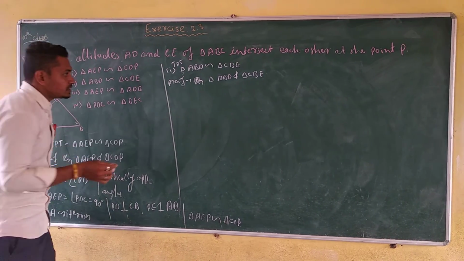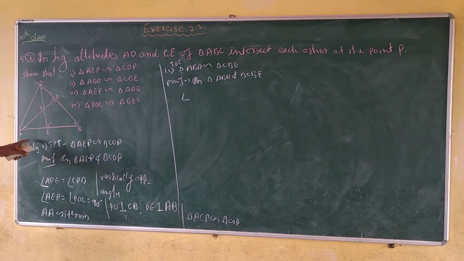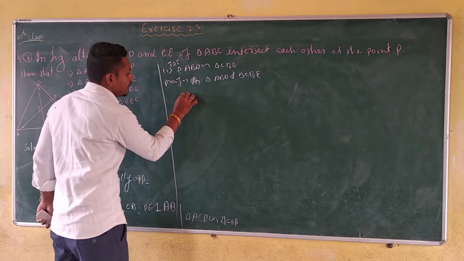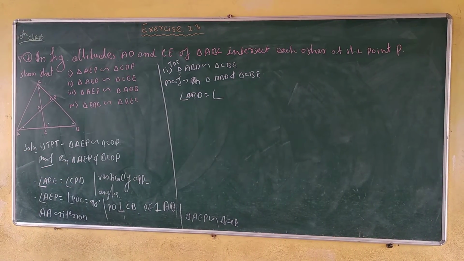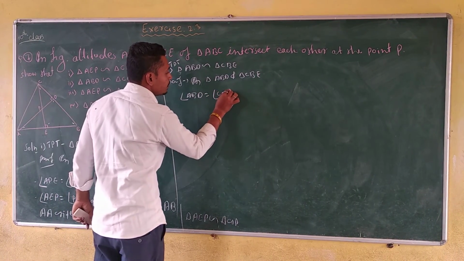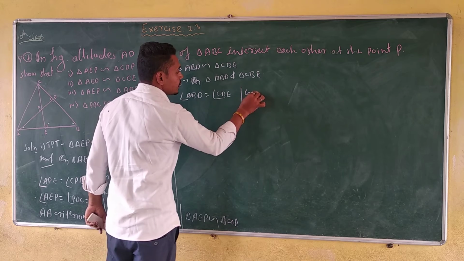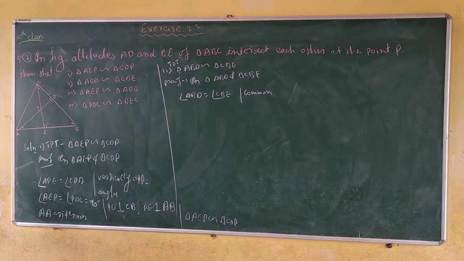Is it right? So first take the angle B in ABD. Angle ABD is equal to angle CBE. The reason is the common angle, so the angles are equal to each other.